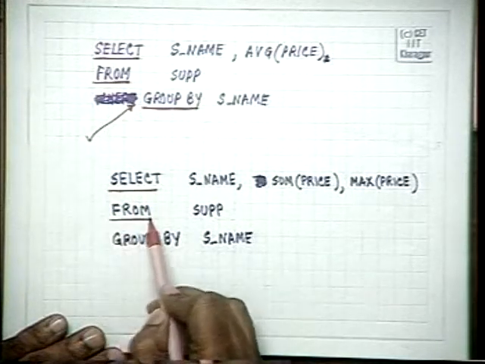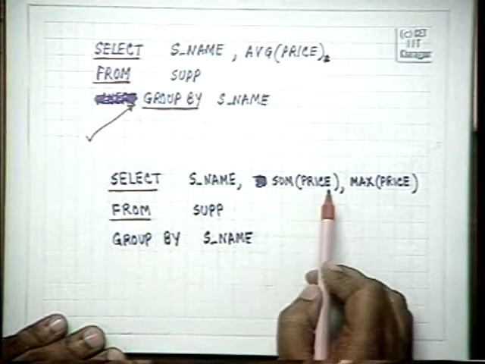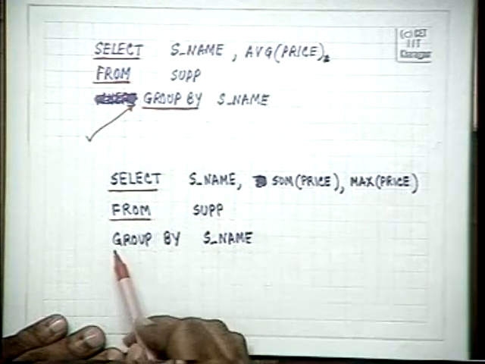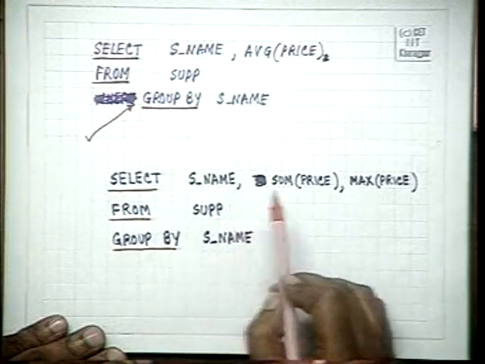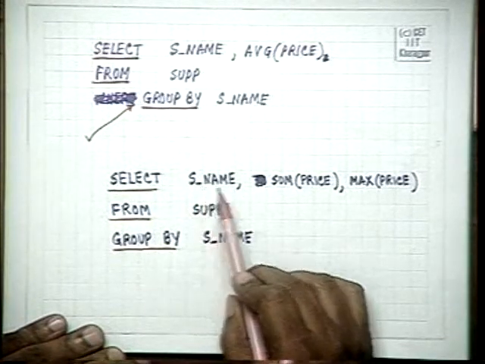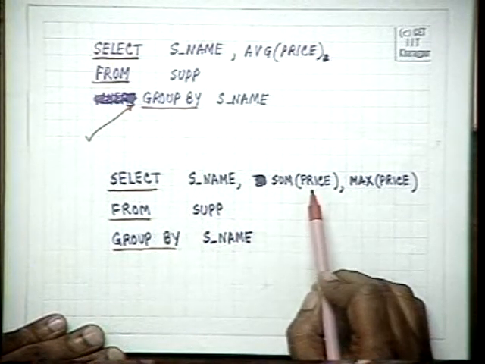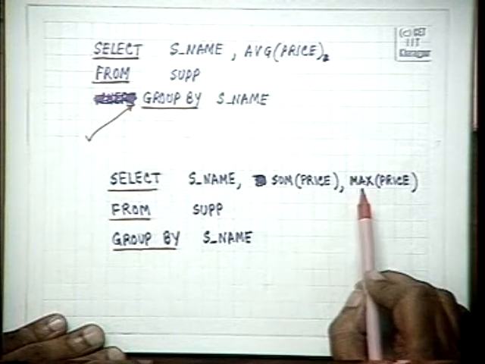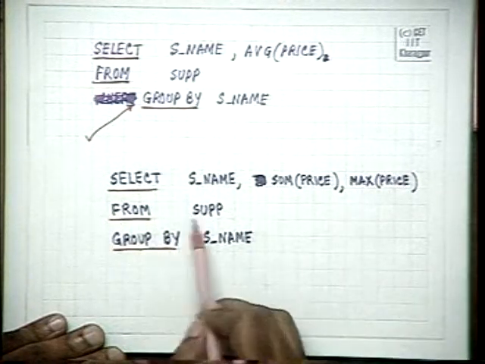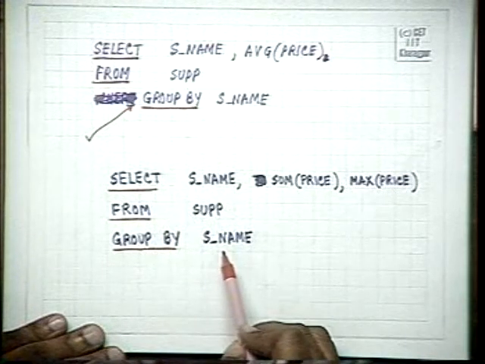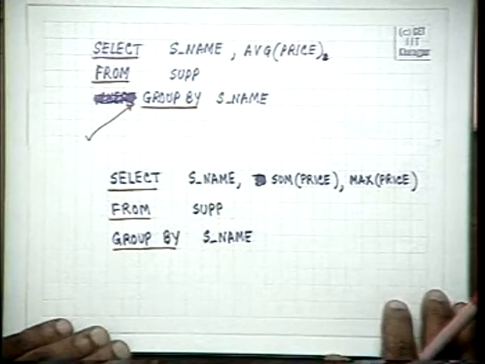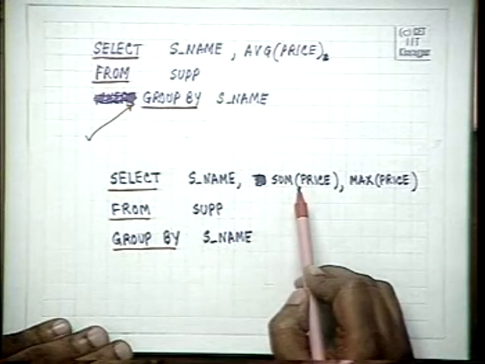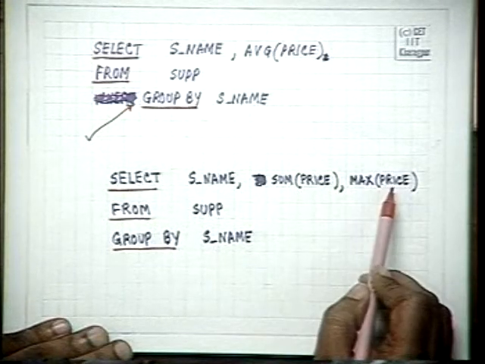Select S name, sum price, max price from sub group by supplier name. So it will return the name of the supplier, the sum of all the prices, and the maximum of all the prices. It will group them by supplier name and total out all the prices.